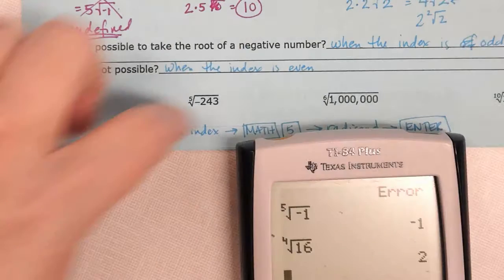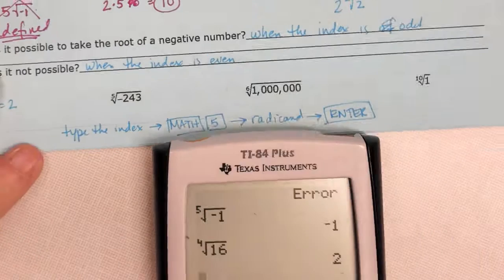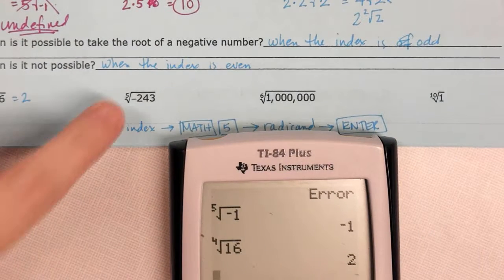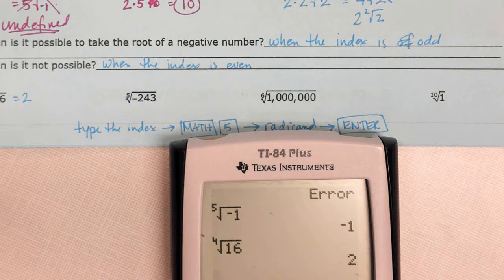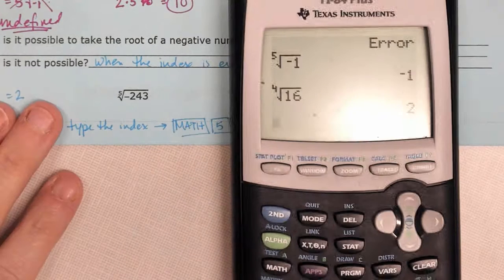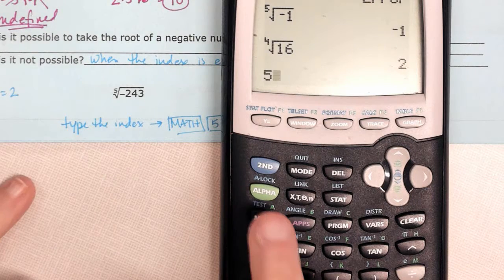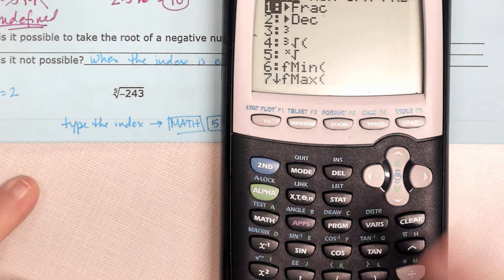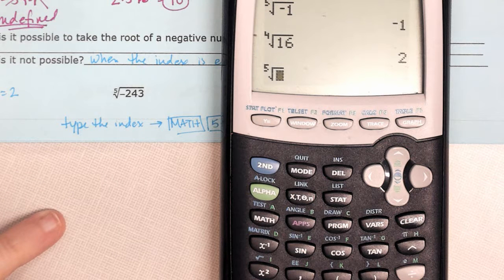Second, try these other ones, and then I'll work through them. The 3 on the bottom. So again, I hit 5 on this one. I hit 5, and then I hit math 5, because 5 is the x root of something.